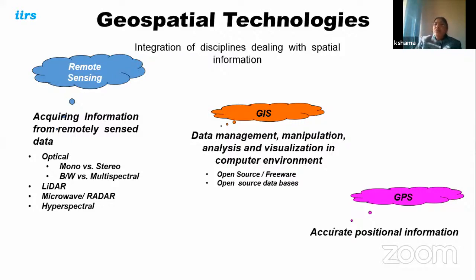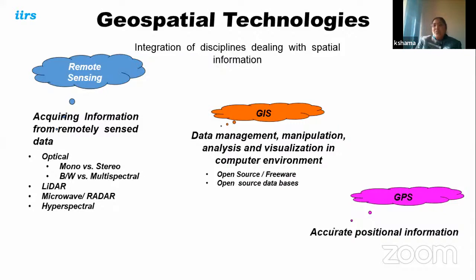There are open source databases also. A lot of databases are available in the free domain, like Landsat data, which has temporal data at 30-meter resolution from a long period, more than 30 years. That can be utilized for many applications. Then you have Sentinel data, which is 10-meter resolution data, which is also available, and you can utilize that information for different purposes.